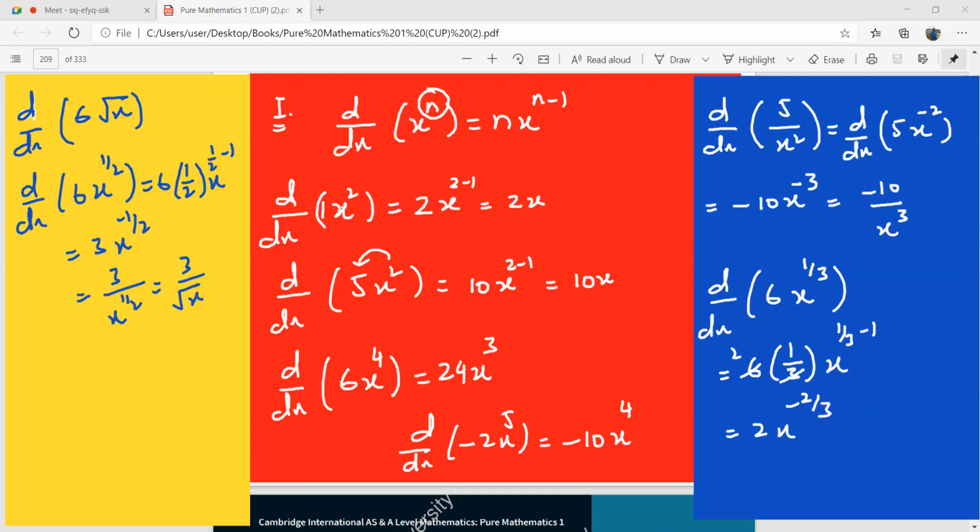So guys, if you look at all these examples that I have shown you while differentiating with respect to x, you see that we have been applying this rule that if you have x raised to power n, this is n x raised to power n minus 1. Now this power n can be positive, negative, in decimals, rational, it can be anything.